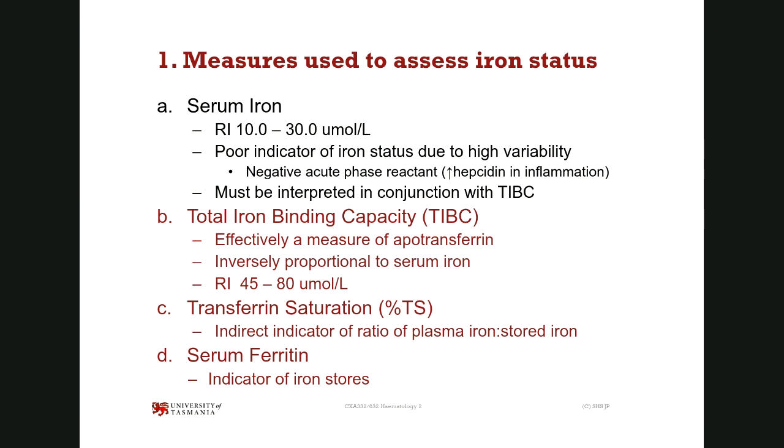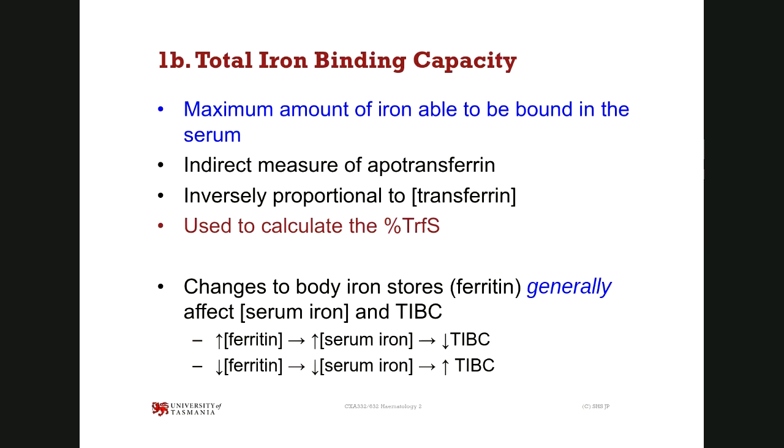So we're going to go on and have a look at the other three of these iron studies tests, the ones that are in red. We'll start with looking at total iron binding capacity. The definition of total iron binding capacity is the amount of iron able to be bound in the serum. If you like, it's an indirect measure of apotransferrin.